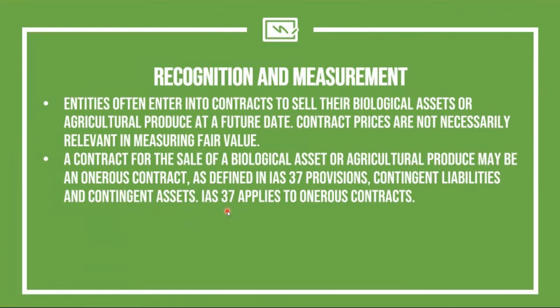So instead of looking for a buyer only when the biological asset or the produce is already available, some will enter into contracts in advance, so that they know that once the biological asset and the harvests are ready, there will be a buyer already. However, we need to be careful because according to the standard, whatever contract price was provided, it should not be the basis of the fair value.